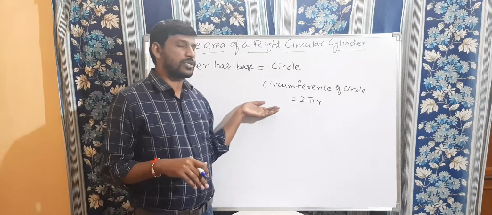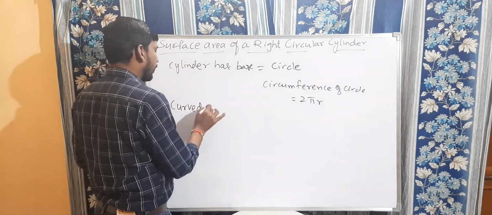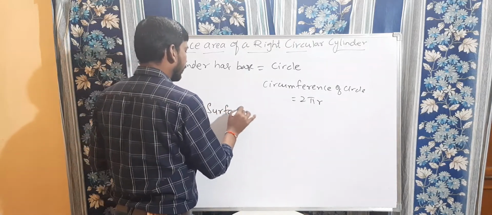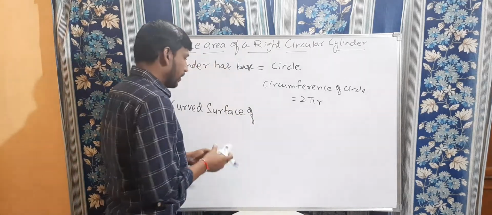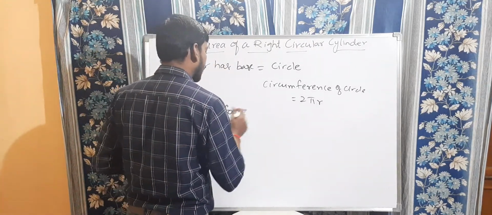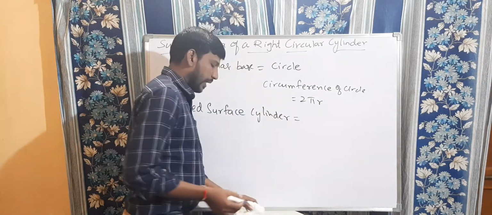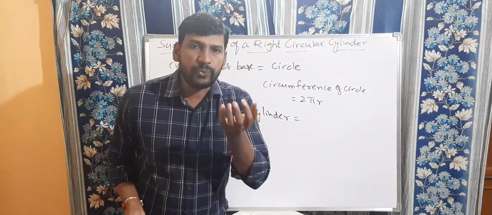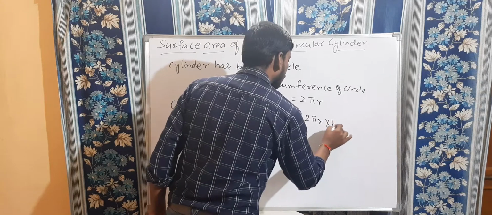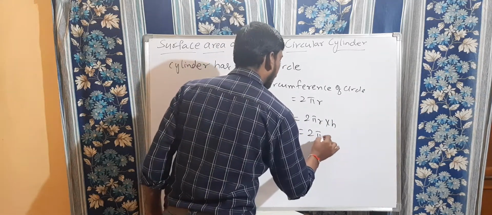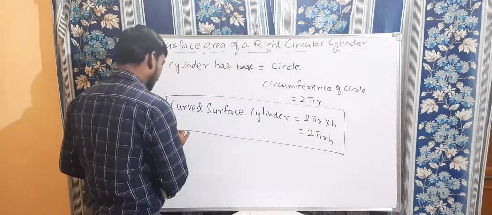In the same way here also, to find the curved surface area of cylinder, that is circumference of base into height, that is 2 pi r into h, which is equal to 2 pi r h. This is the curved surface area of the cylinder.